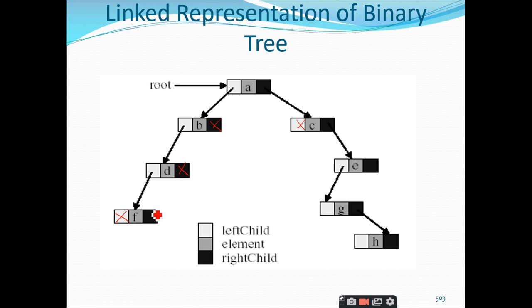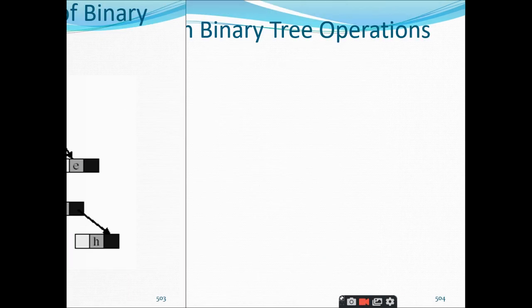Similarly, F is having the null addresses for its left child as well as the right child. Similarly, for E we don't have any right child, for G we don't have any left child, and for H we don't have any right as well as left child. So this is how we are going to represent the binary tree using linked list. Is it clear?